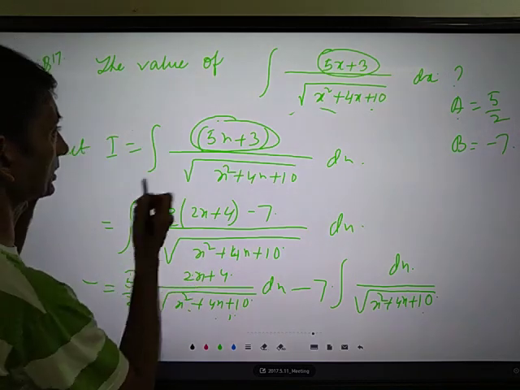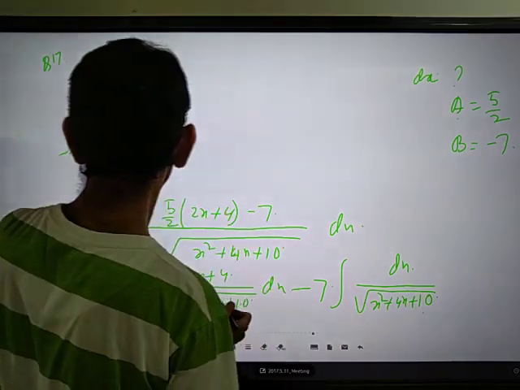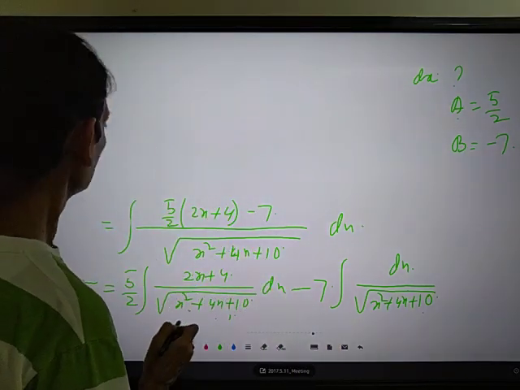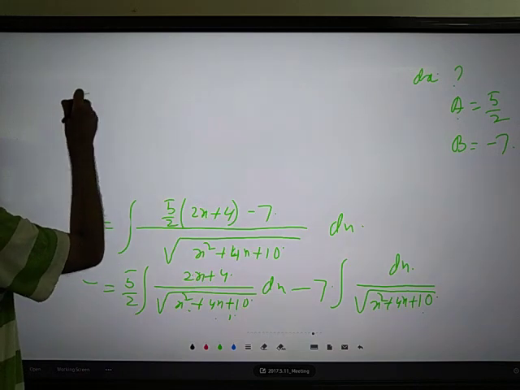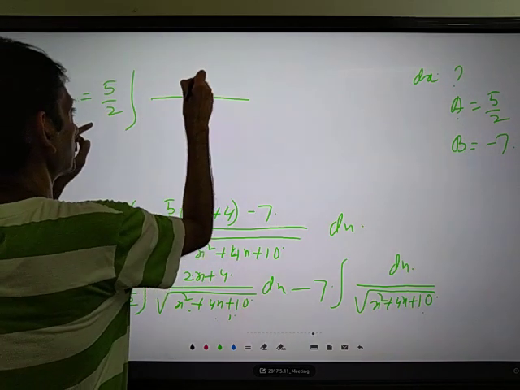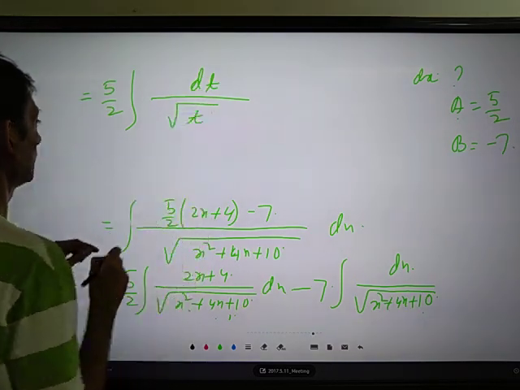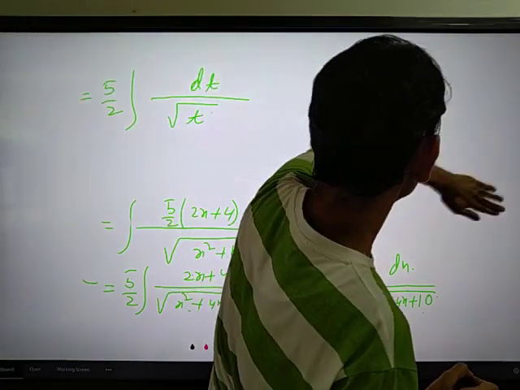Okay, so let's go one by one. First we'll integrate this integral, 5 by 2. First we'll just go for substitution. So this is dt and this is root t. Now how did we substitute this?